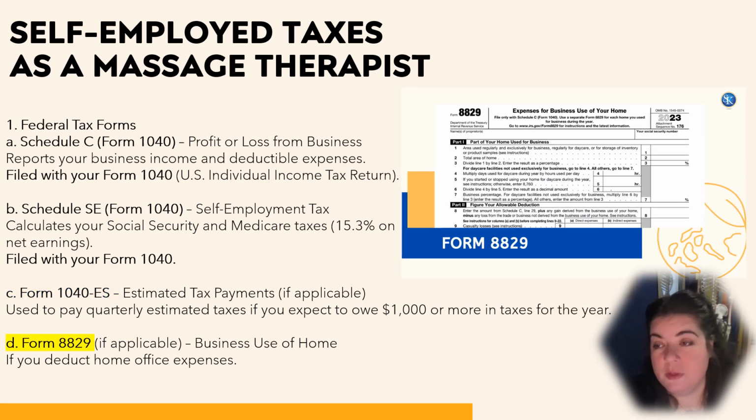Now, this one's a really cool one that isn't talked about very often, and I'm not sure why. It's Form 8829. This is expenses for business use of your home. So if you have a home, and you use part of it as your massage office, all right, you can use a portion of that house and actually use a deductible expense as a portion of your rent or your mortgage, as well as your utilities for the space and percentages used, up to a certain amount.